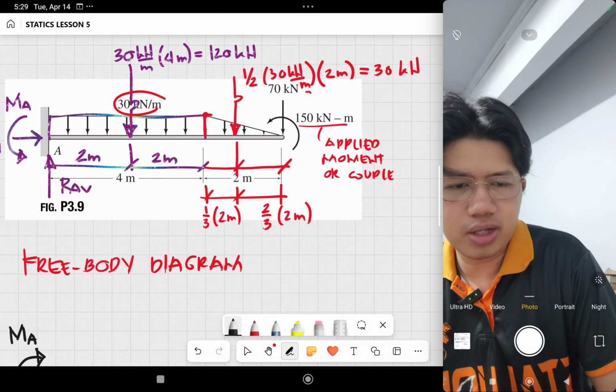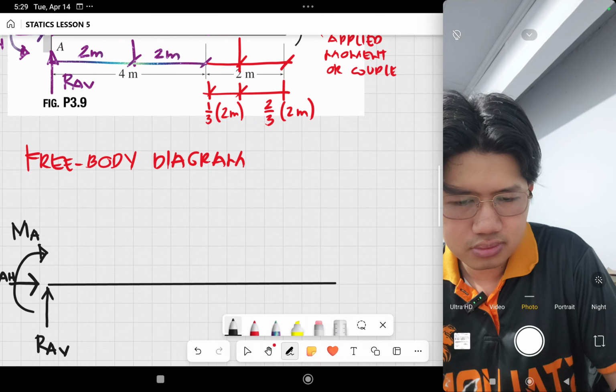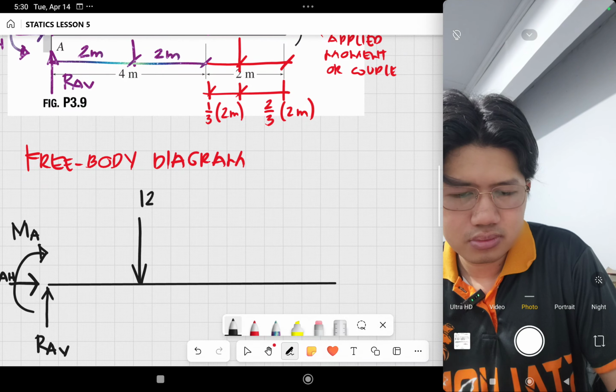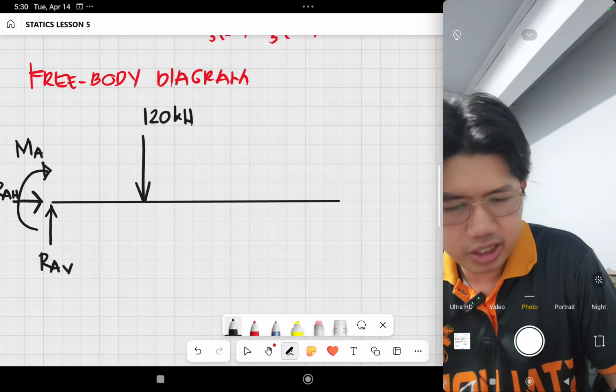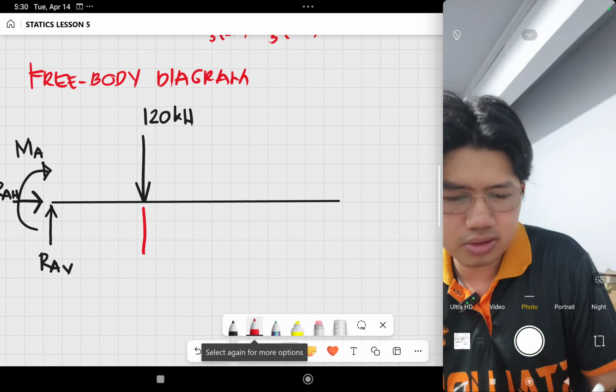And then we have 120 kilonewton. So, transfer lang natin sila. So, from point A hanggang dun sa 120 kilonewton, that is 2 meters.